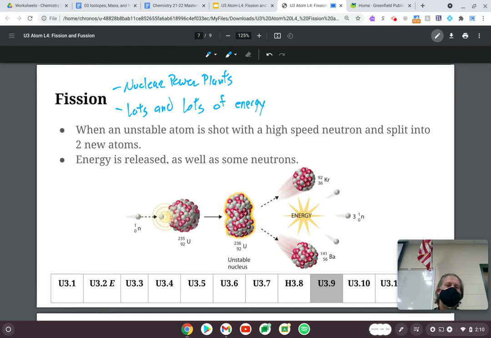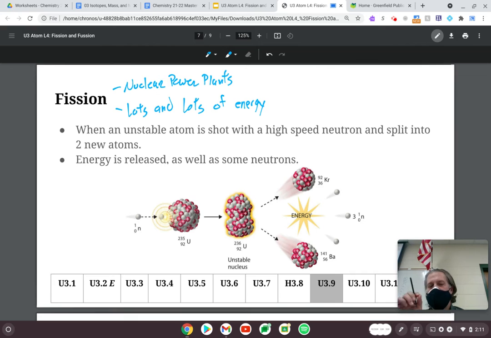This one happens on Earth, like I said, in nuclear power plants in a contained system, but it also happens in atomic bombs. And the way that it works in an atomic bomb, a very, very basic description, is that they'll take an unstable element like uranium or plutonium, and they will give it a seed neutron. So they basically bombard it with a starter neutron. And that starter neutron takes something that's already unstable and makes it even more unstable.